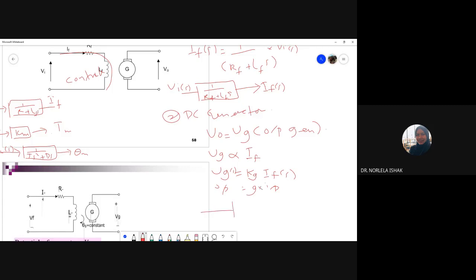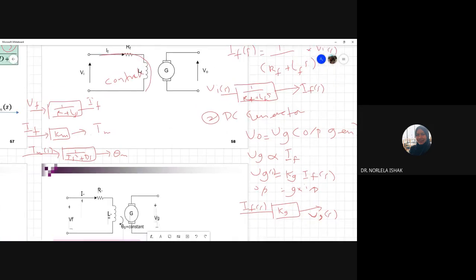If you sketch a block, what do you get here? Current. And then what is here? The gain is Kg. And the output is VG. Okay, this is your output. So we have two blocks representing the field control DC generator.